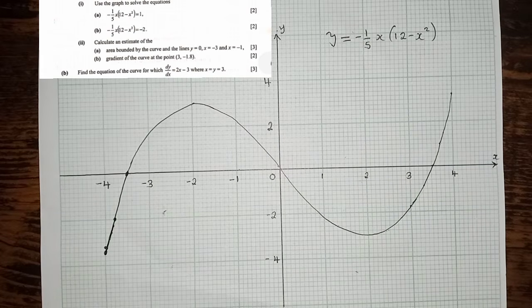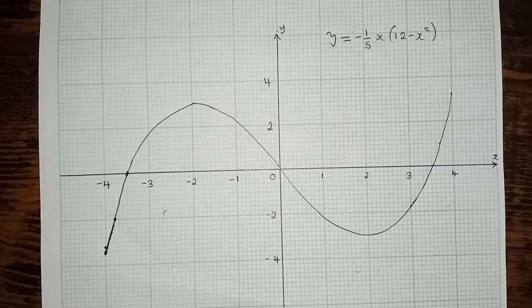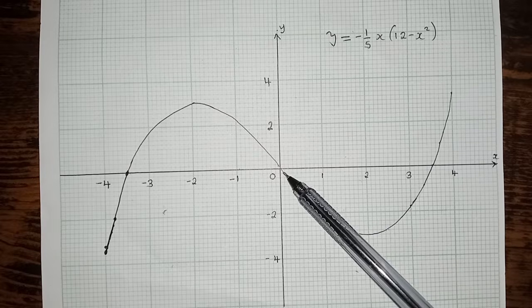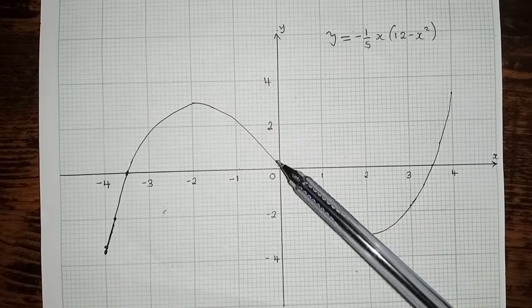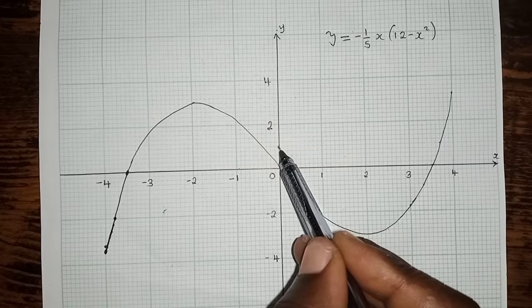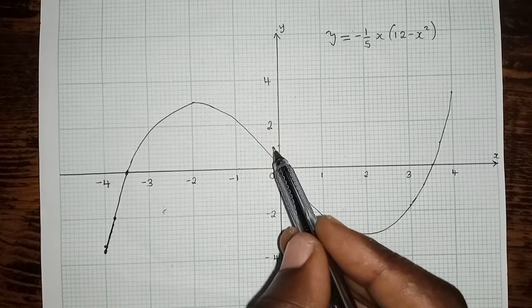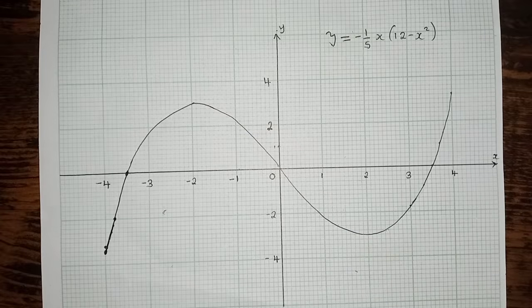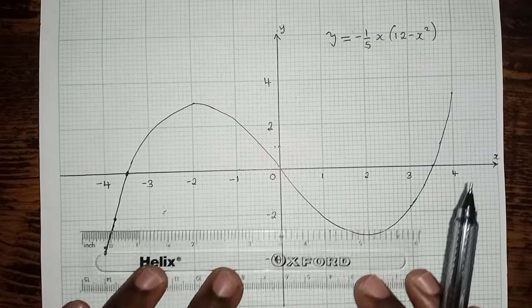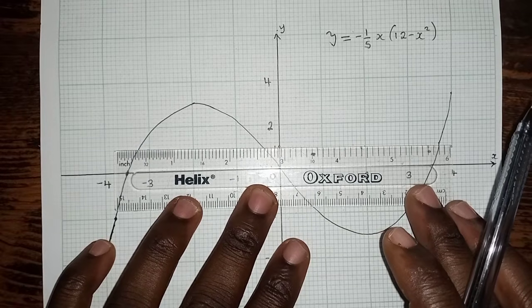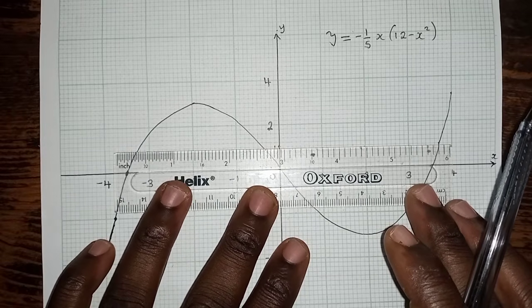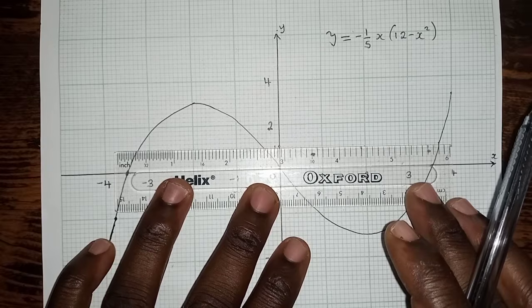So we go to the graph. Where is our 1? If this is 2, this is 0, and this is 2 over here, 1 must be somewhere here in between. So this is where 1 is. We get our ruler, put it there, and graph the line y is equal to 1.